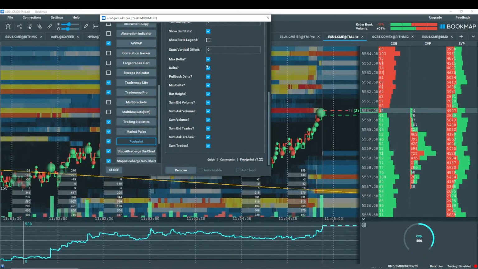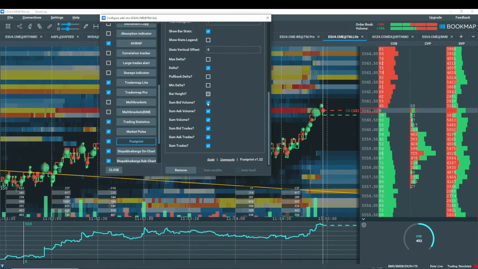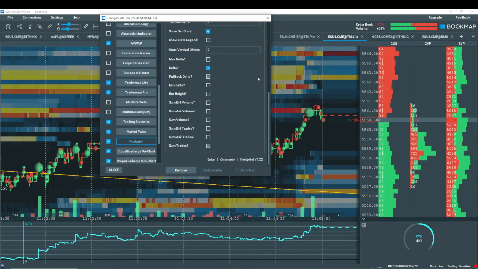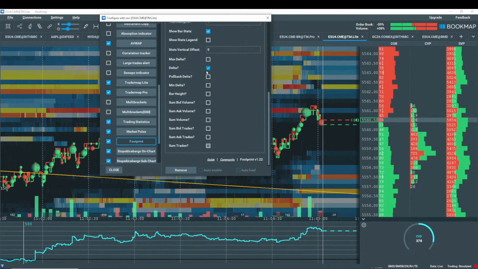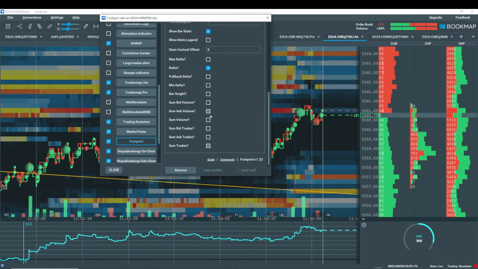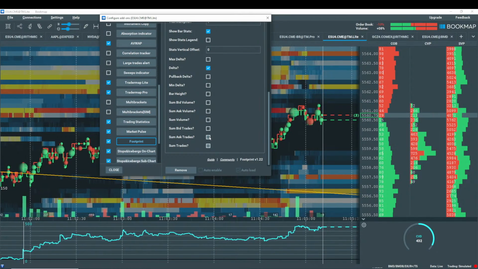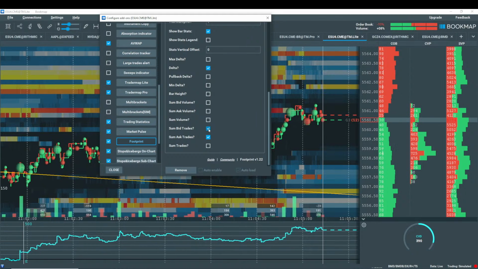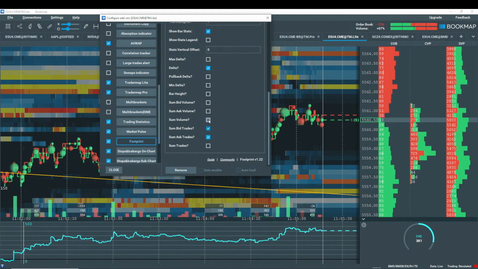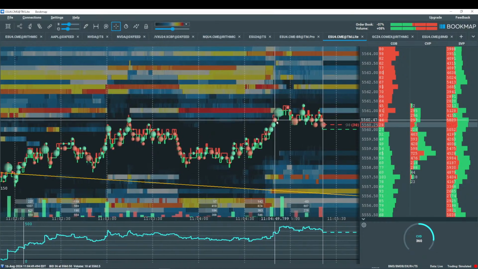We're just going to look at just delta right now. On these bars, we're going to add in, I think I had some of the ask, some of the bid as well, and maybe total. I think that was it. That's the setup. That's it.